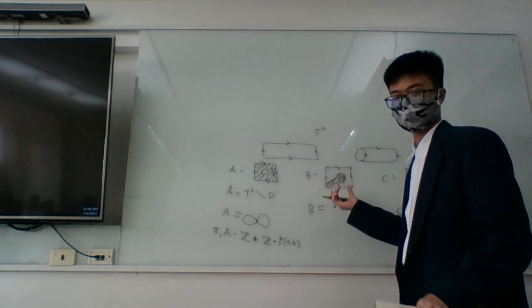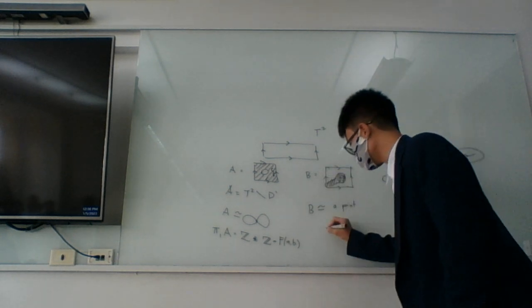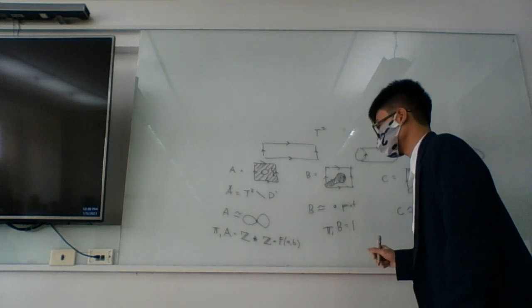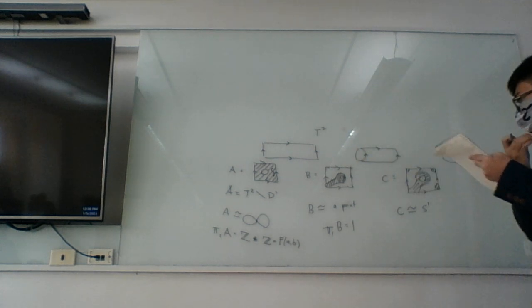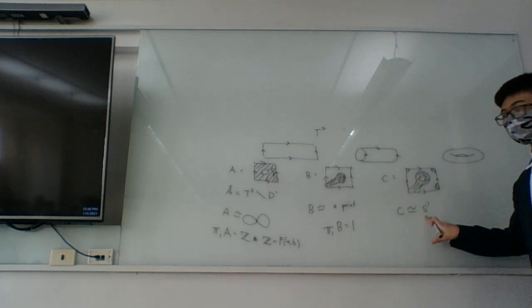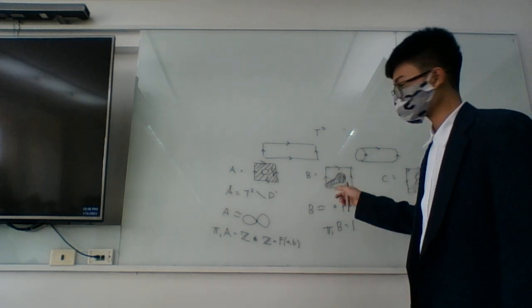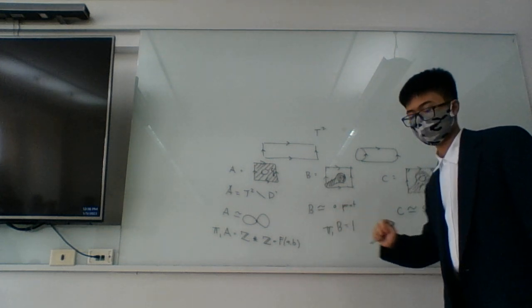It's somewhat like a convex subset, so the fundamental group of B is 1. So pi 1 of B is 1. Okay.